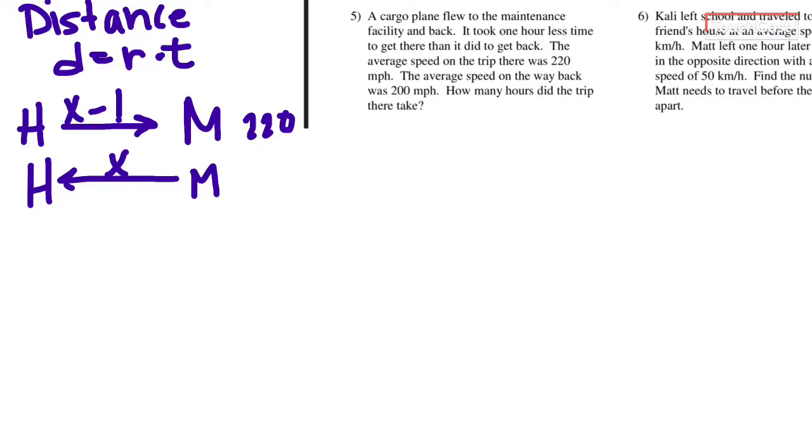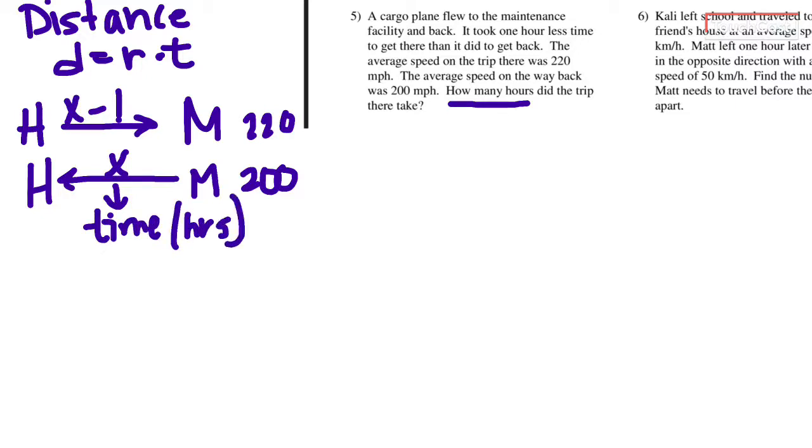And then on the way back, he was flying at about 200 miles per hour. Notice our question asks for how many hours did it take, and that helps us to see that yes, this X is representative of the time, and it's in hours, okay?